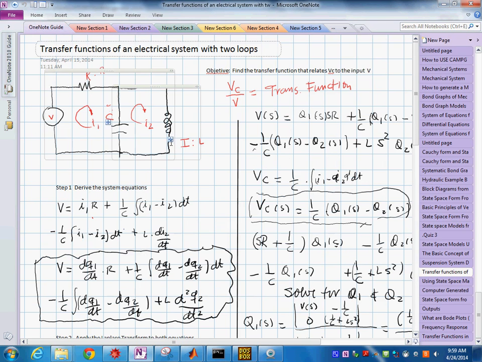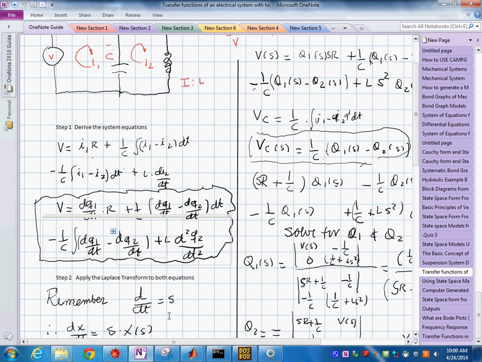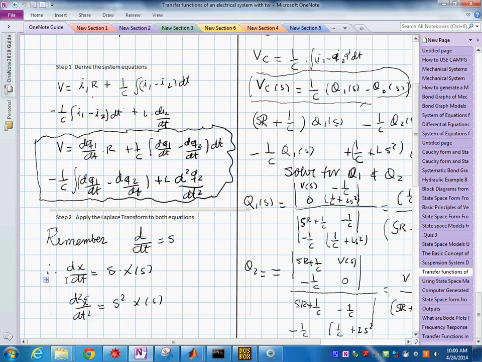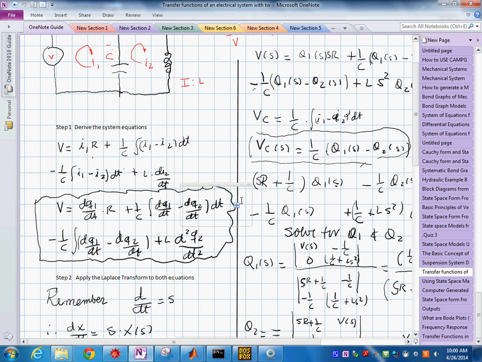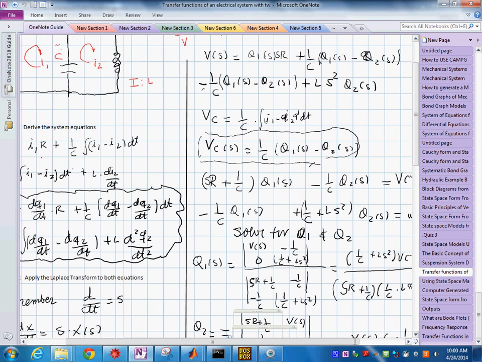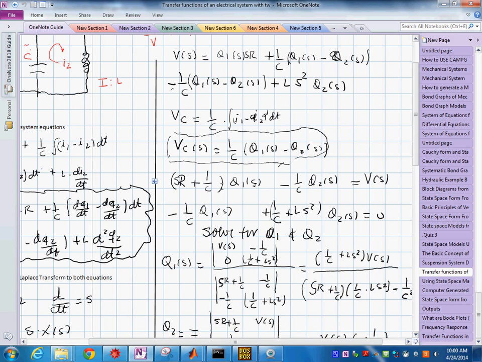We had the circuit in here, and we defined the differential equations in the time domain, and right after that, we applied the Laplace transform. Once we applied the Laplace transform to the equations and to the output, we had a system of two equations with two unknowns, Q1 and Q2.